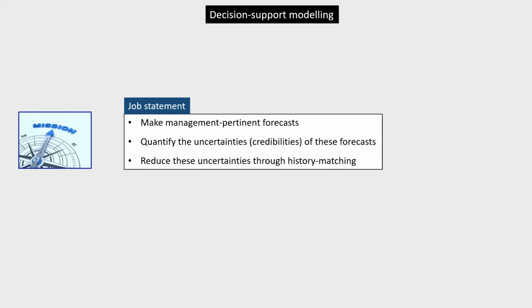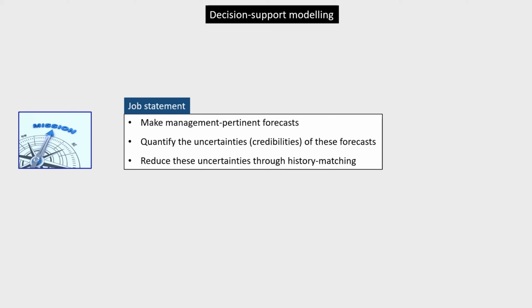So, as decision support modelers, what's our job statement? Our job statement is to predict the future behaviour of a groundwater or environmental system, probably under a new management regime. And in making those predictions, I need to accompany those predictions with estimates of the uncertainty associated with those predictions.